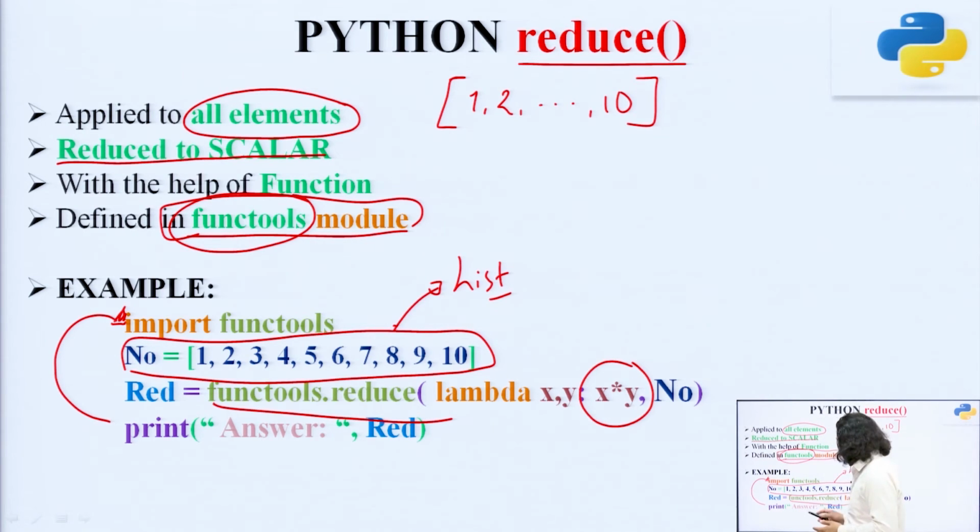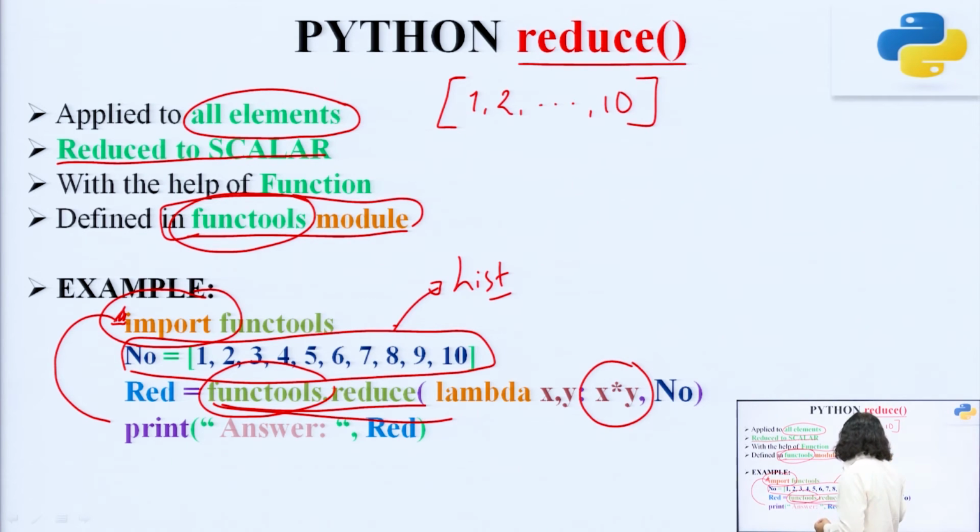The module name is functools and we are importing it with the help of the import statement. So, import followed by functools means that the functools module is imported and this function is used from functools. The functools is the module followed by reduce.